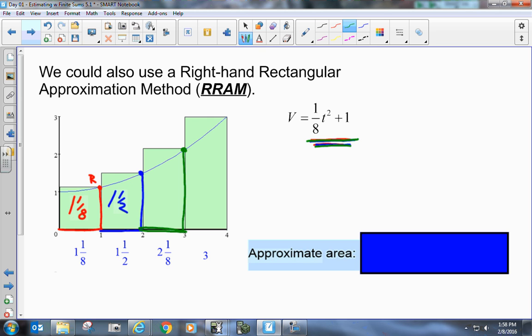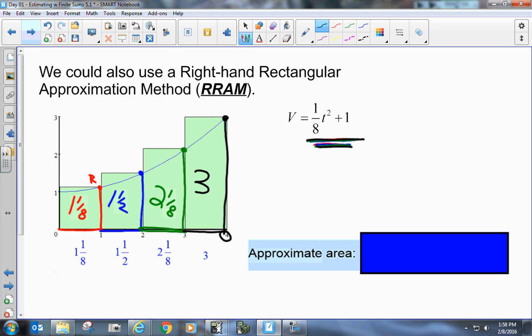Look at it right here. I'm rewriting them, but they should be right there in your notes. And the last rectangle no longer uses 3. It uses the right side. And when I put a 4 into my equation, it's 16 over 8, which is 2, plus 1, which is 3. So now I can add all those together.